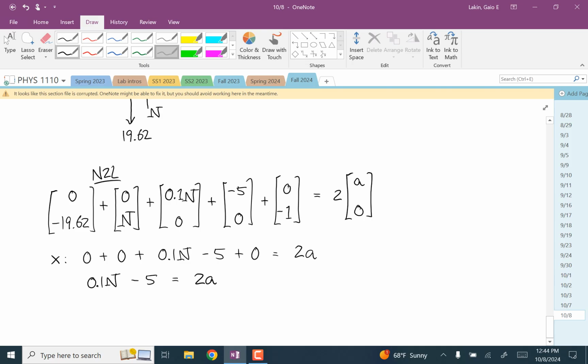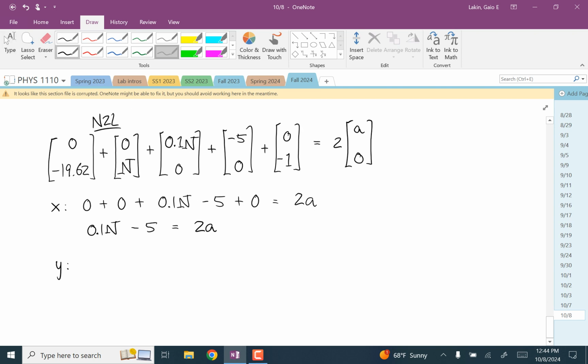Yeah, that's exactly right. In the 2 examples before this, we've been able to solve for the variable right away, but here notice that this x equation has two variables in only one equation, so we can't solve it yet. So what we're going to have to do is go to the y equation, use that to calculate N, and then plug that back into the x equation.